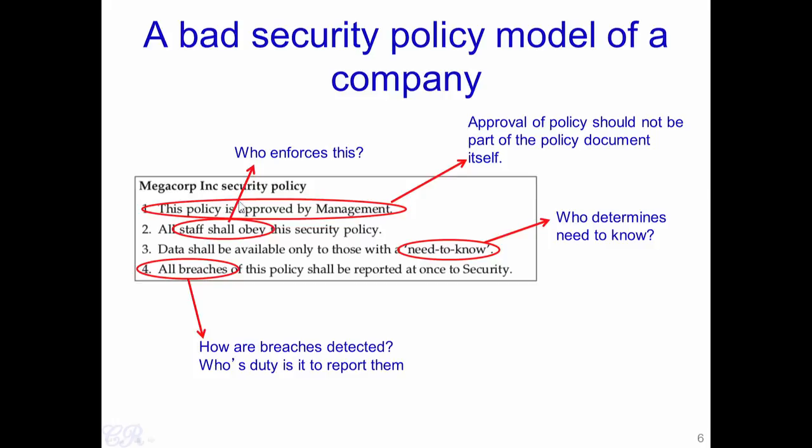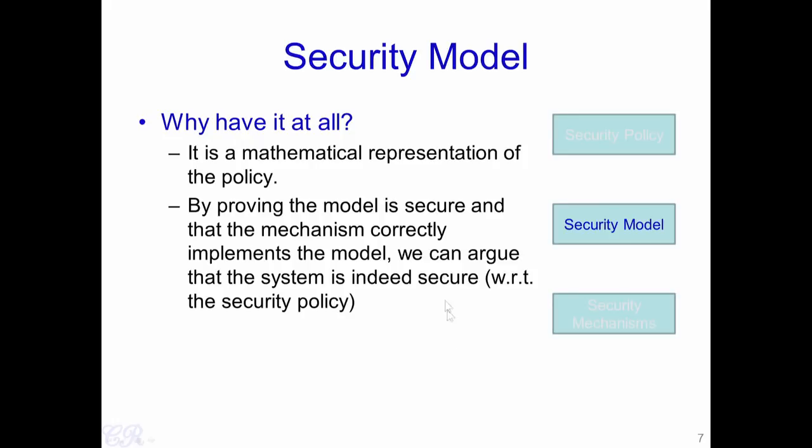As you see, even though this policy is very short and terse and incorporates just 4 points, it still leads to a lot of ambiguity, and such ambiguity would lead to weak security for that company. So, when we write a security policy for a company, it should be complete in all aspects.